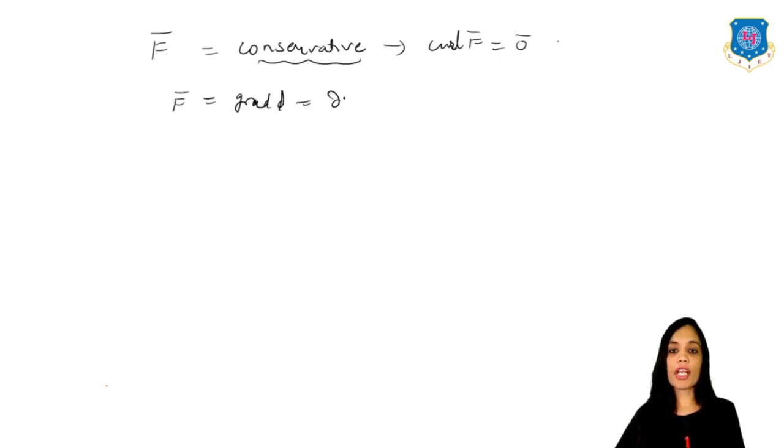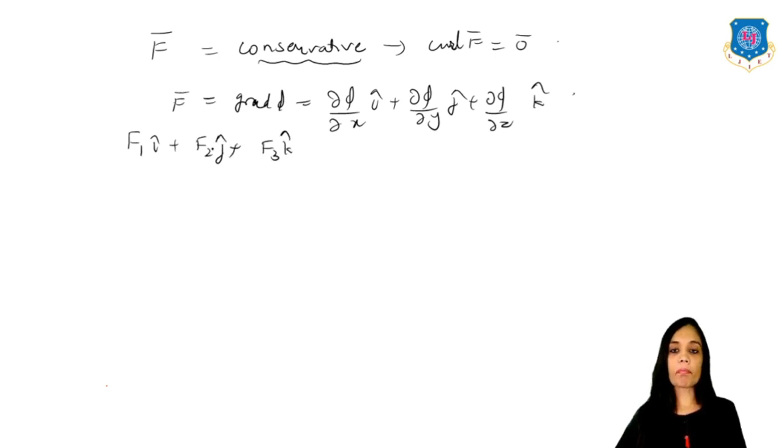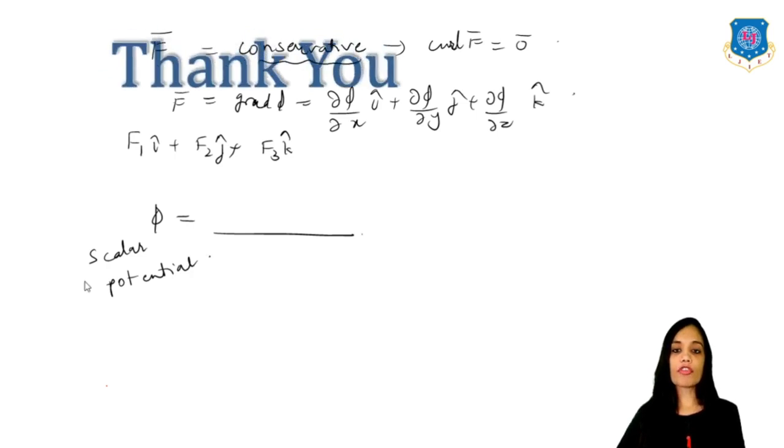Now the gradient formula is del phi by del x i cap plus del phi by del y j cap plus del phi by del z k cap. Here F bar means f1 i cap plus f2 j cap plus f3 k cap. You have to compare on both sides, integrate with respect to x, y, z, and find the scalar potential function phi. So phi is known as the scalar potential. Okay, I hope you have understood throughout the session. Thank you for watching.